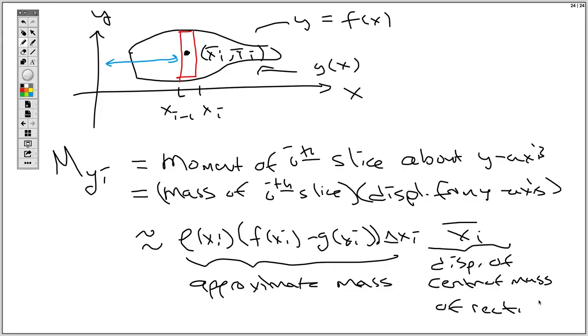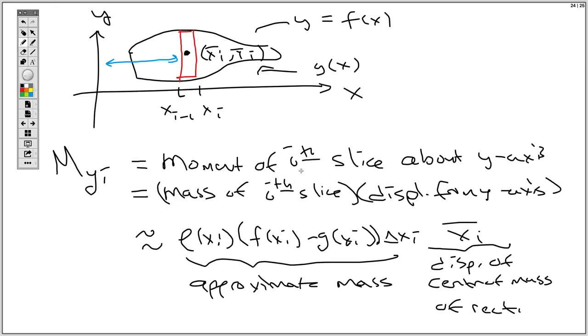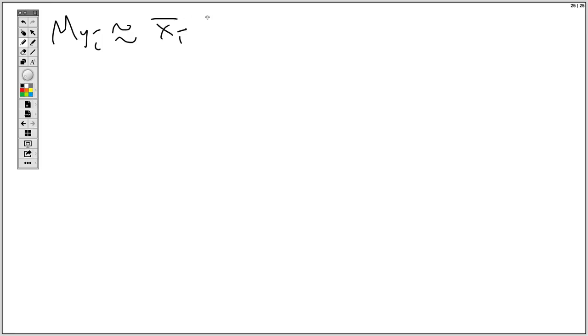The displacement, and this is the key, for the moment, we can assume that all of the mass is at the center of the rectangle. The center of the rectangle is x i bar units away. All right, so there's a good amount of approximation there. So my M sub y i is approximately equal to, and now what we're going to do is put the x bar first, and then the rest of this jazz.